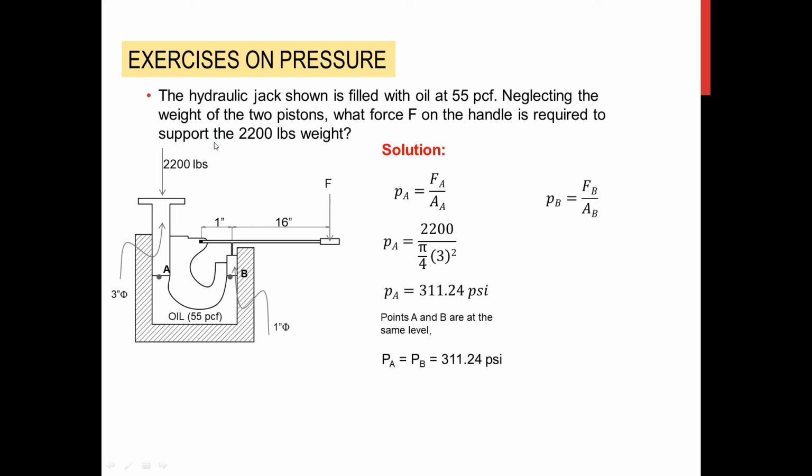So we write the pressure equation for B in terms of force. Pressure is equal to force over area. For B, the given for the formula is the pressure, and the area of B can be expressed with the cross-sectional area of 1 inch diameter, expressed by pi over 4 times 1 squared.